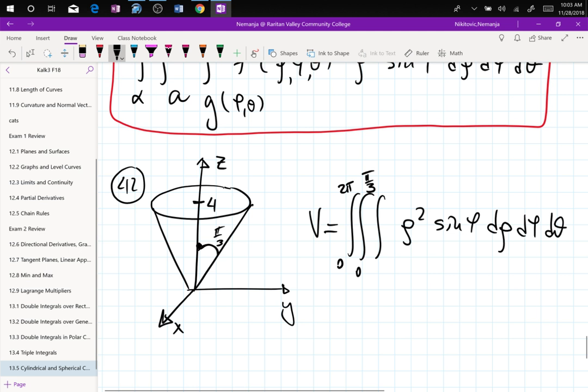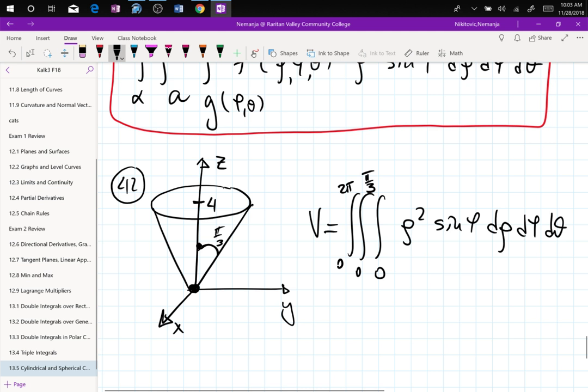Which leaves us with rho. Now, what's rho? Please note that at this peak, what's the radius right there? 0, right? And it extends to what up there?